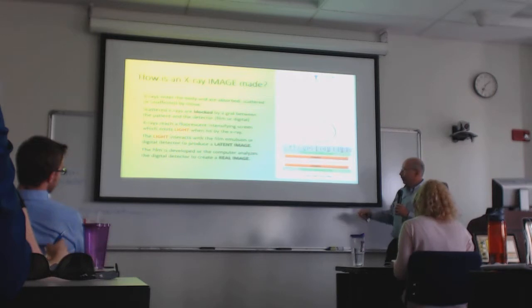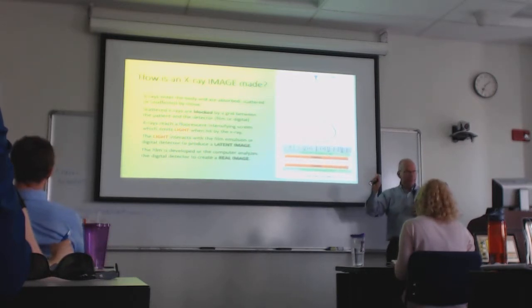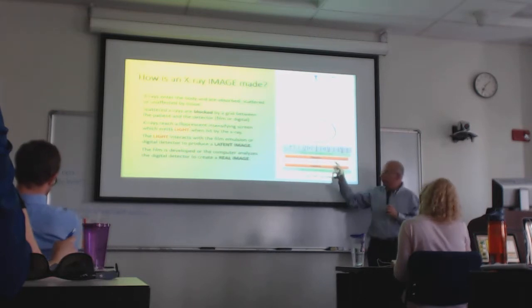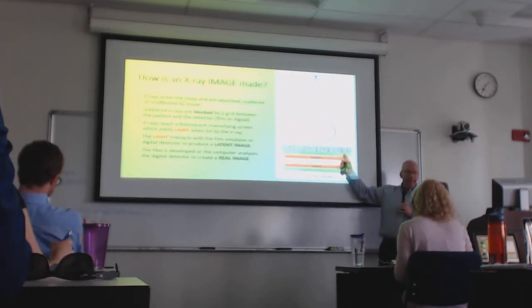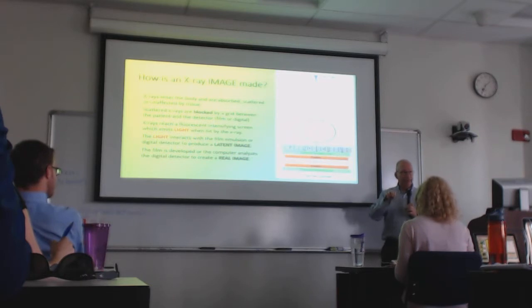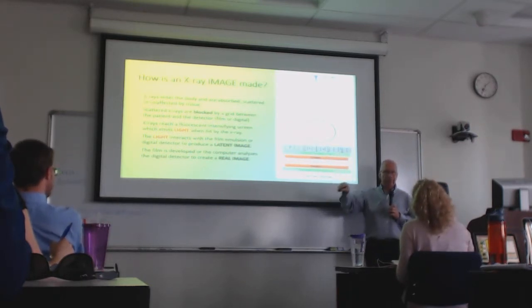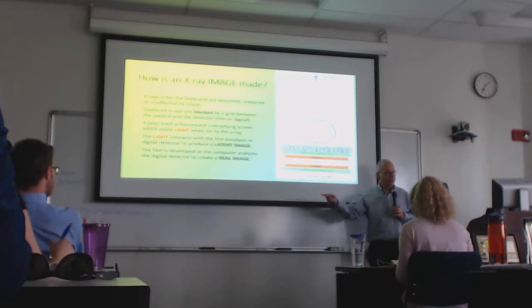So what we do now is we don't have film. We have these digital detectors that also interact with light, not with the X-ray. So the X-ray hits a screen, the screen creates light, the light hits the digital detector, which feeds the computer, which turns it into an image.